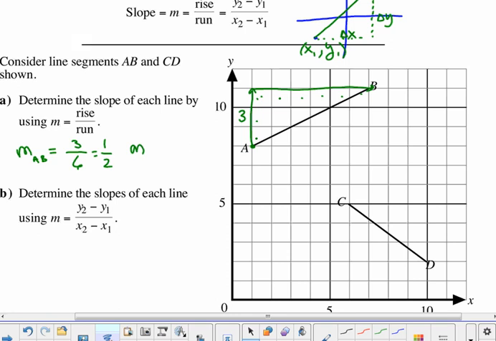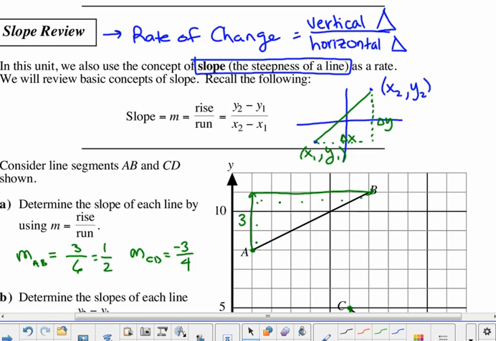Slope of CD, start at C. We go down 1, 2, 3. Now going down is negative, so negative 3 over 4. Another way you can remember it's a negative slope is slope band. I'll show you what slope band is. So positive is rising to the right, negative is falling to the right.